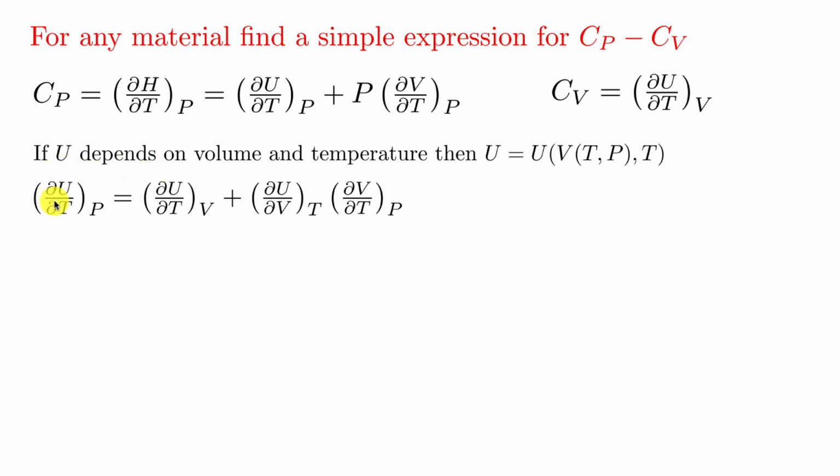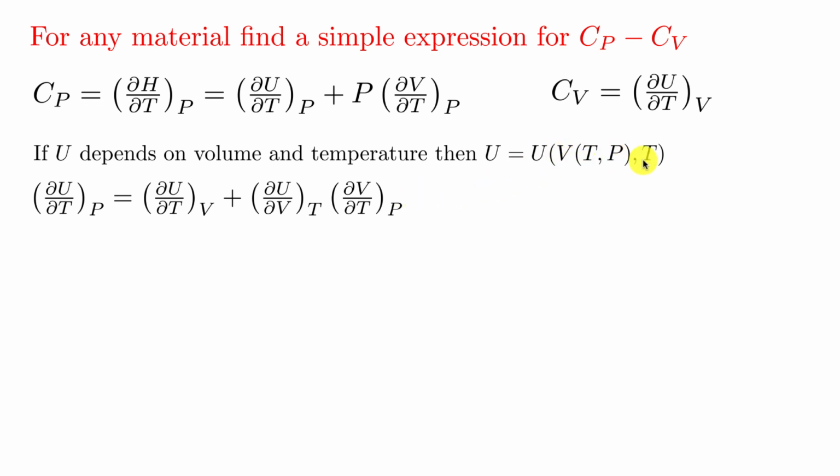Now, dU by dT at constant pressure is equal to this. The first term is obvious. U depends upon the temperature directly through the temperature over here, and so it's just dU by dT at constant volume. That is keeping this here fixed.